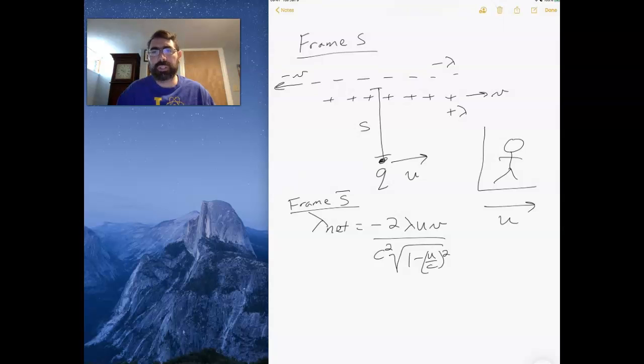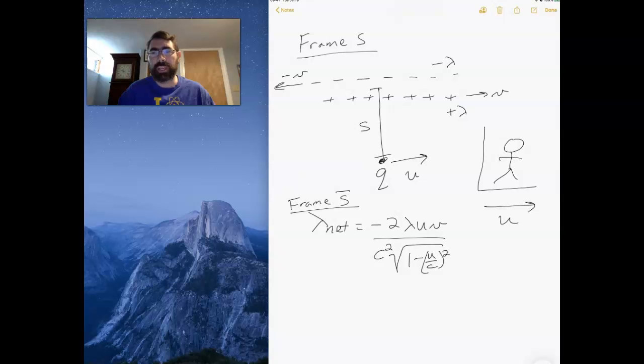They each have a charge density of lambda in their rest frame. In a frame S, since they're moving with a velocity, they have a contracted line density.